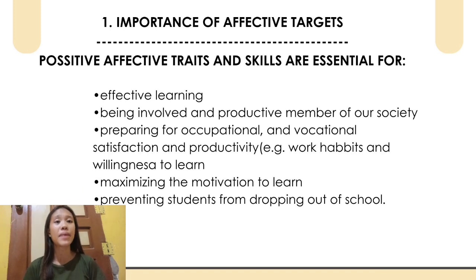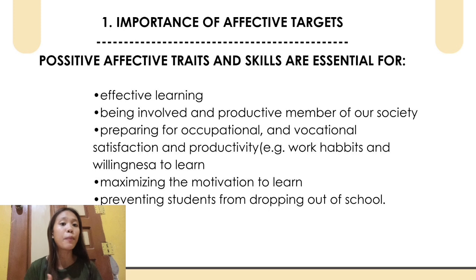Second is being an involved and productive member of our society. This focuses on preparing students to be active, contributing citizens who participate in their communities and make a positive impact. Third one is preparing for occupational and vocational satisfaction and productivity, like work habits and willingness to learn.